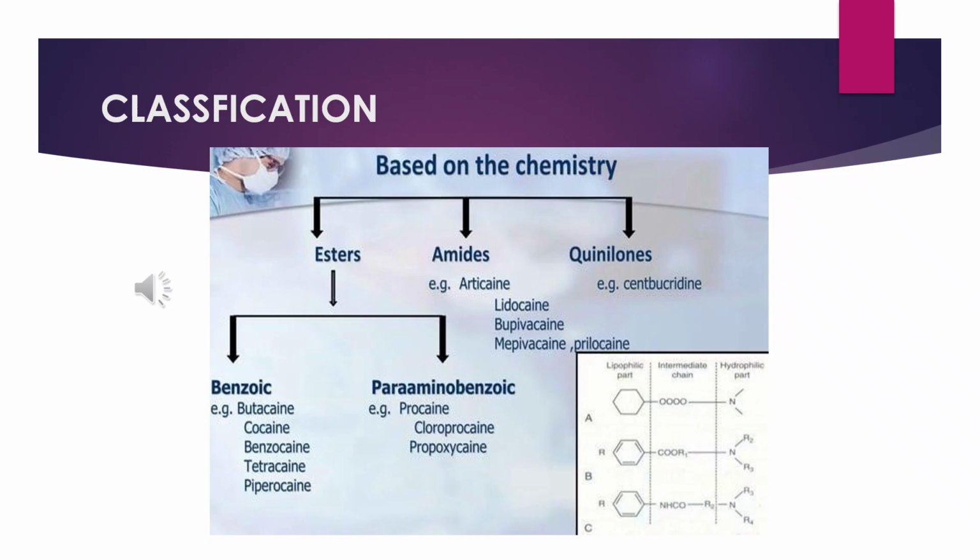In benzoic, we have examples butacaine, cocaine, benzocaine, tetracaine, and piperocaine. In para-aminobenzoic acid, procaine, chloroprocaine, or propoxycaine. In amide type of LA, we have articaine, lidocaine, bupivacaine, mepivacaine, or prilocaine. And in quinolone, we have centbucridine LA.